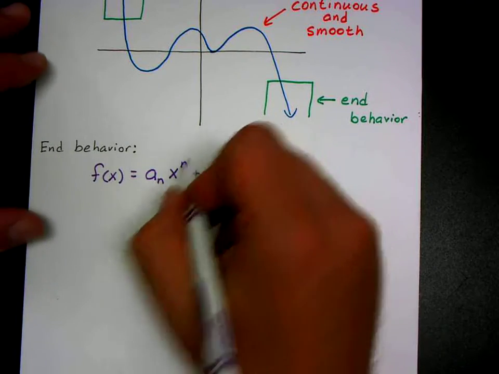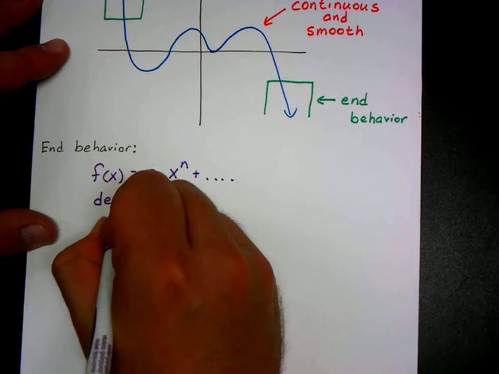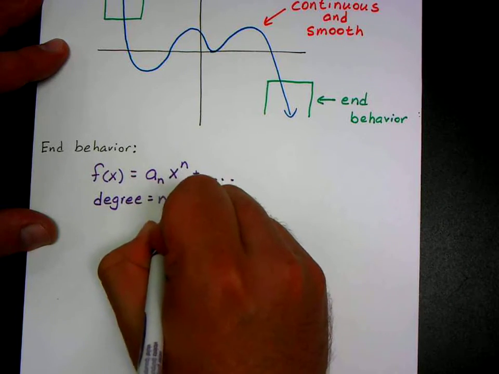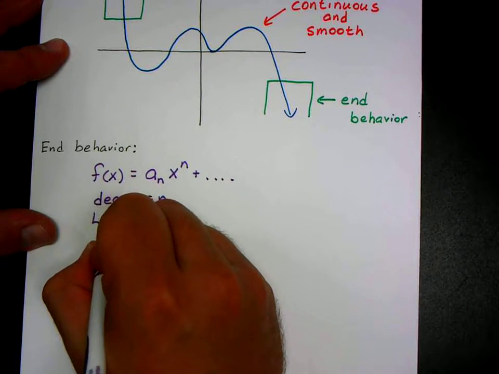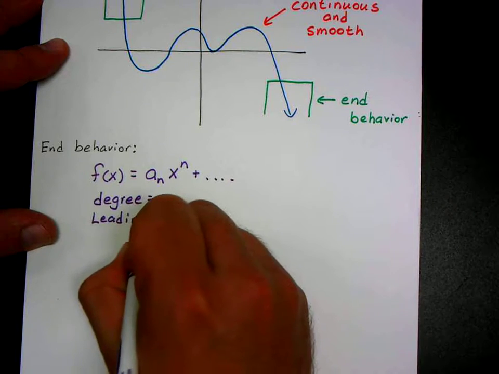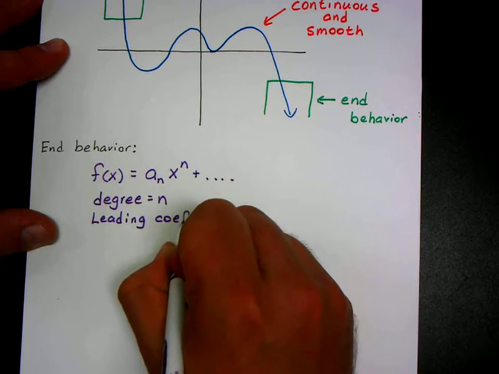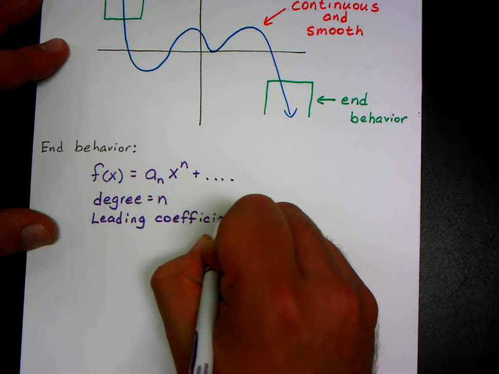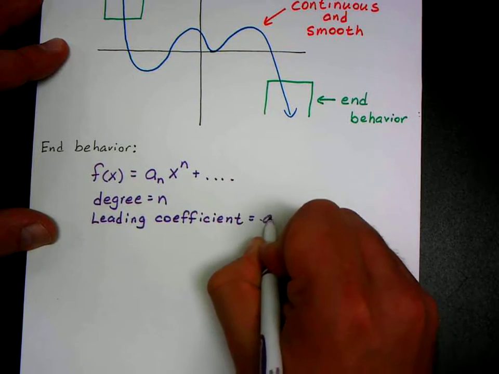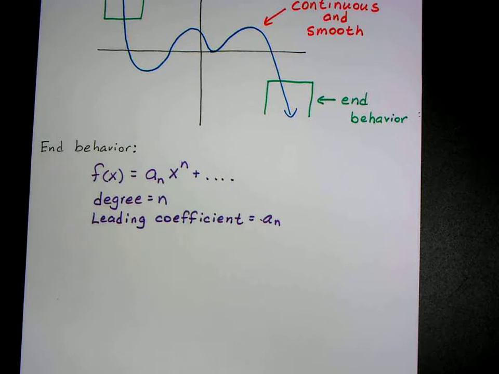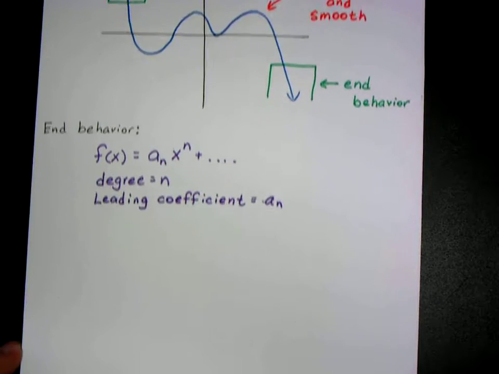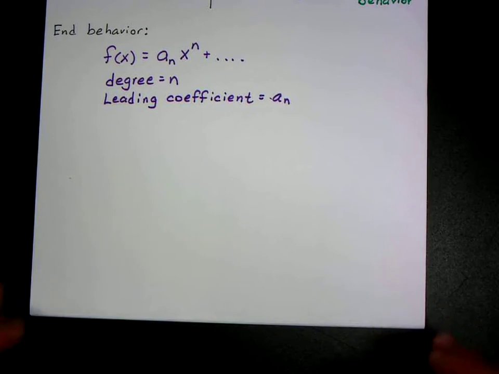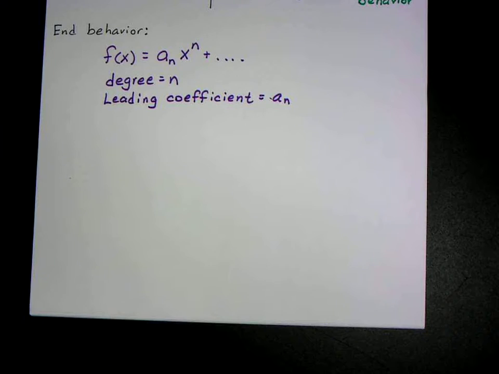So, our degree, when we're talking about this, degree is n. Leading coefficient is a sub n. Okay. Hopefully I'm going to give you ways of thinking about this so you don't just have to memorize the rules, but if you're the type that you like memorizing rules, great, go for it.